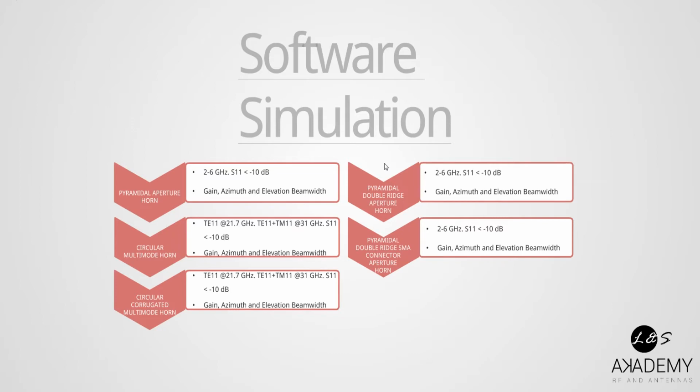We are also going to talk about gain, and azimuth and elevation width, but in this case we have to take into account that we are designing a double ridge aperture horn.